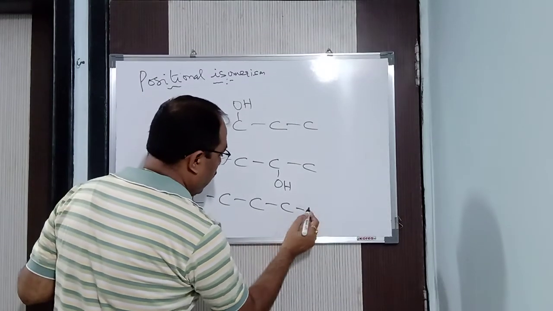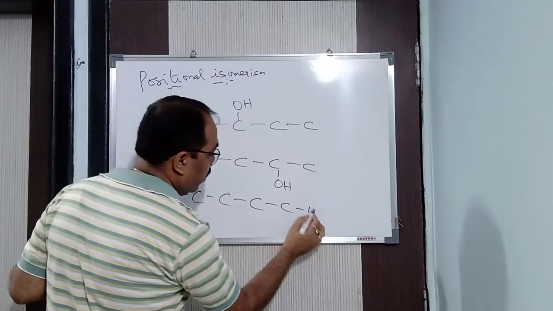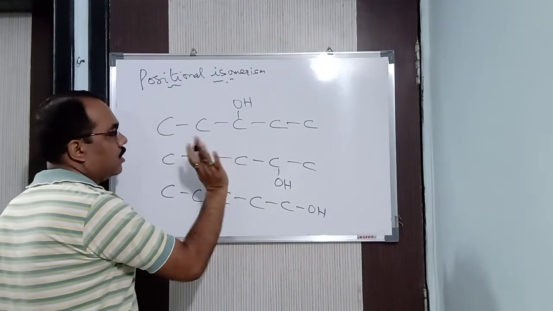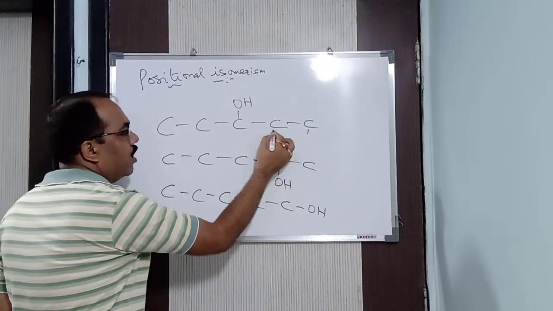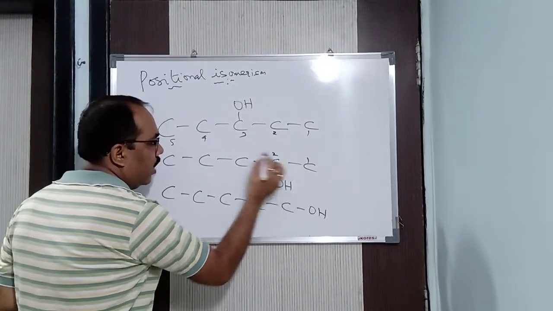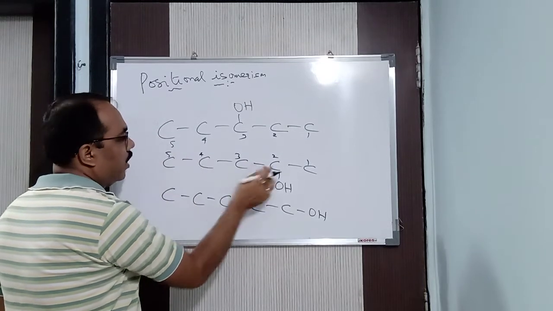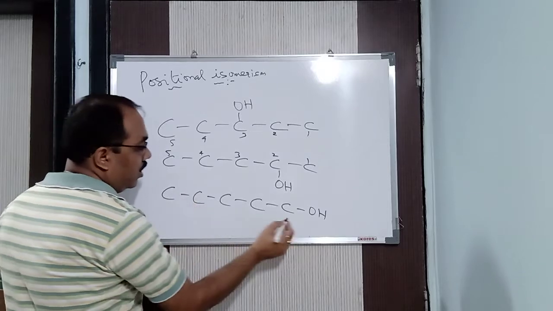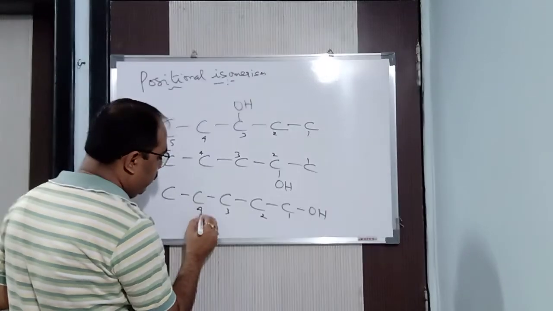One more we can have. 1, 2, 3, 4, 5. Here also OH. I'm not putting the hydrogen, I think you will be able to understand. Here you can see 1, 2, 3, 4, 5, because numbering, the position, is the most important here. Here in the second carbon atom you have OH. Here in the third carbon atom you have OH. Here in the first carbon atom you have OH.